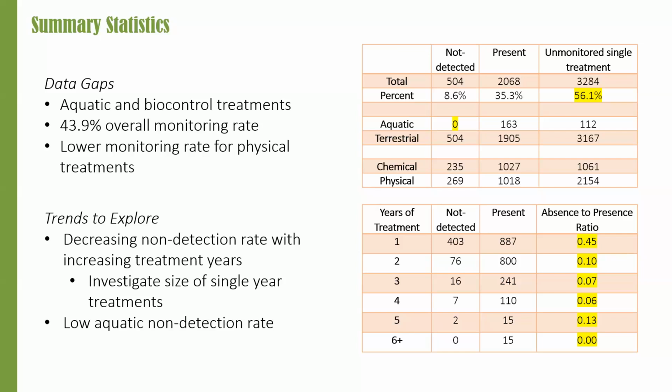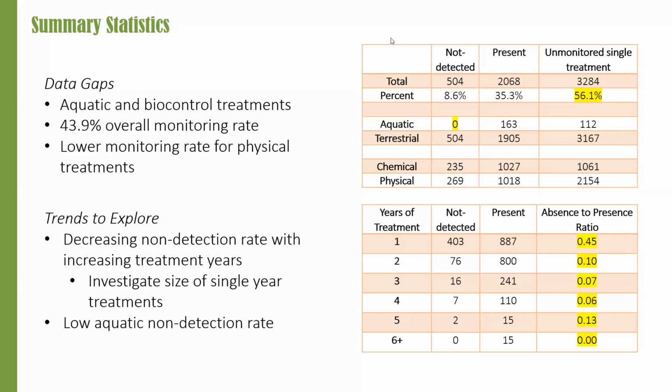And I'm sure we want that number to increase, but obviously there are things like budgetary restrictions. And then lastly, there's a lower monitoring rate for physical treatments. It makes sense. There should be more monitoring for chemical treatments. There's a lot more regulations around those. But just something to note.